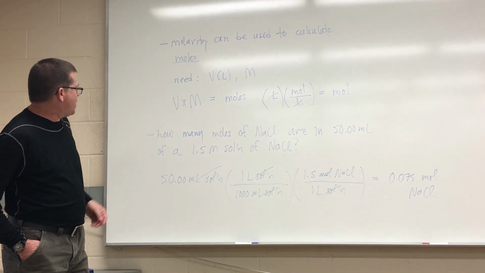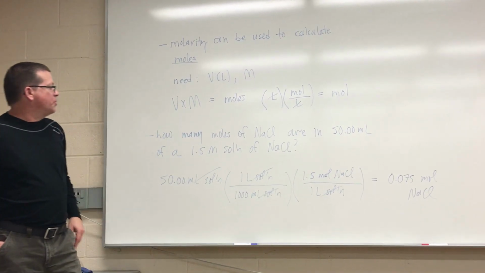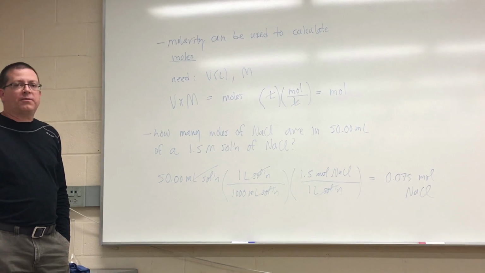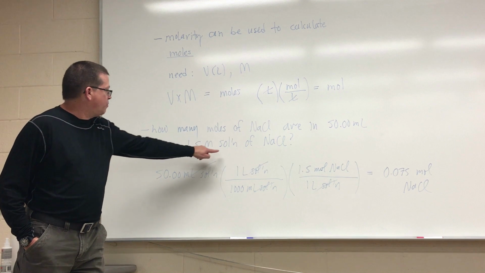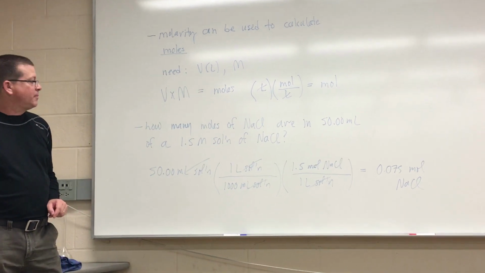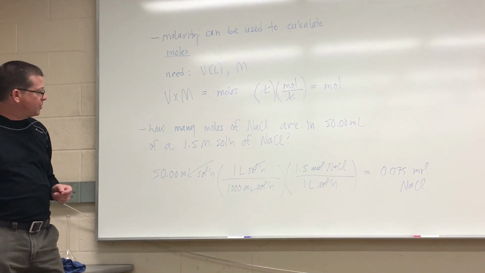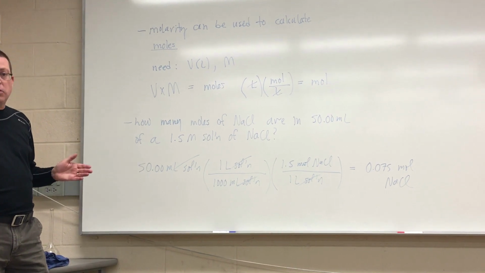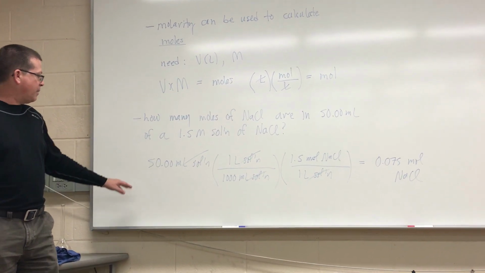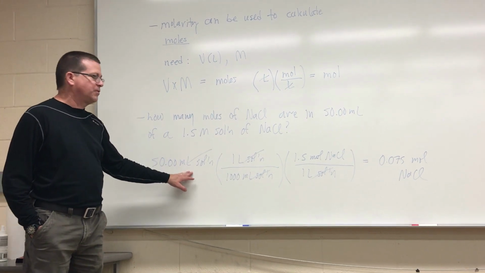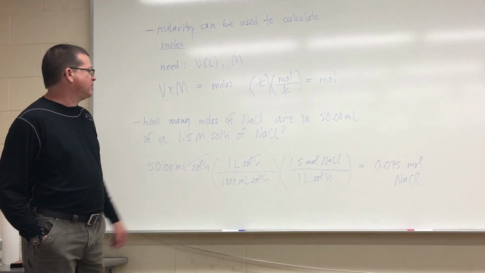For a simple example, we could ask: how many moles of sodium chloride are found in a 50 milliliter sample of a 1.5 molar solution of sodium chloride? I'm trying to get to moles. I've got a volume and I've got a molarity, so we can use those two things to get to moles directly. I'm starting out with my 50 milliliters of solution, and I'm going to convert that to liters.